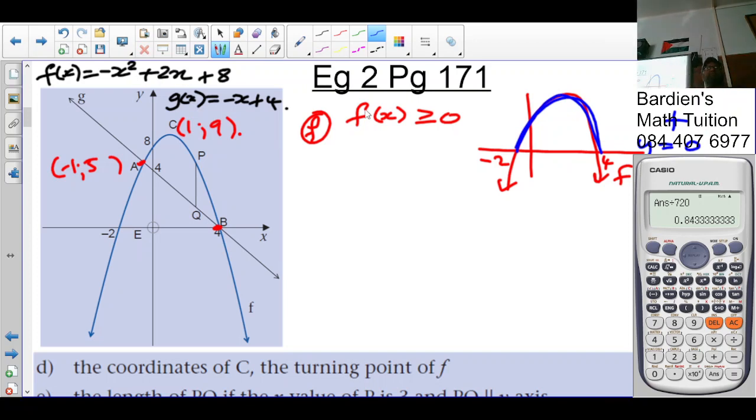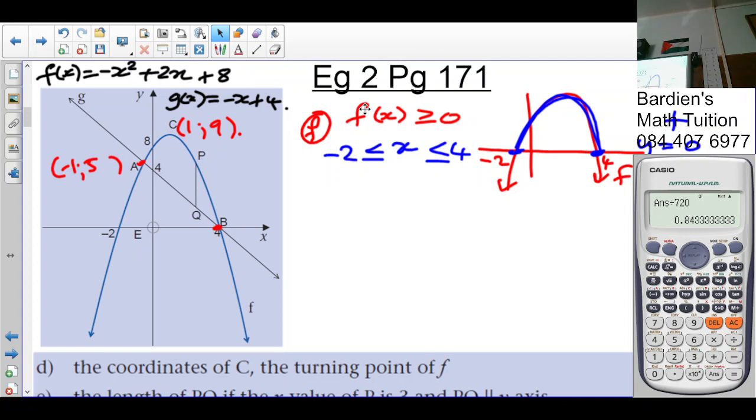Is this a continuous or a broken solution? It's continuous, from minus 2 to 4, so it must be together. So x is greater than or equal to negative 2, but x is less than or equal to 4, with the equal sign there. You guys understand? Any confusion there?